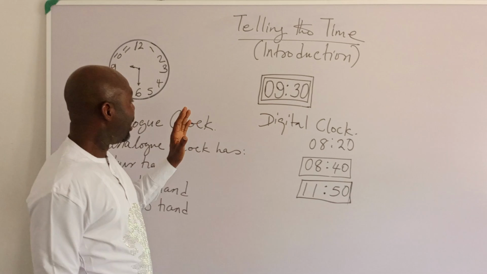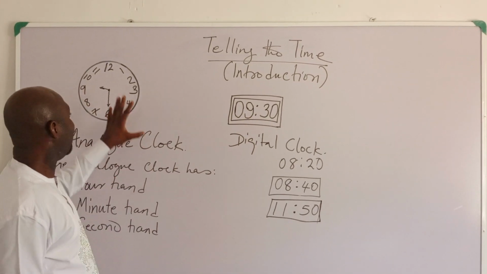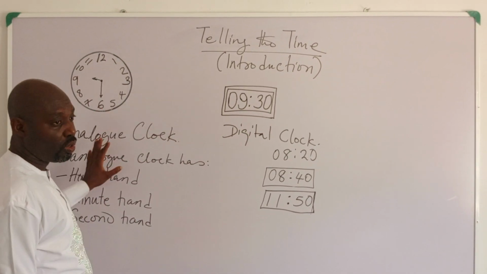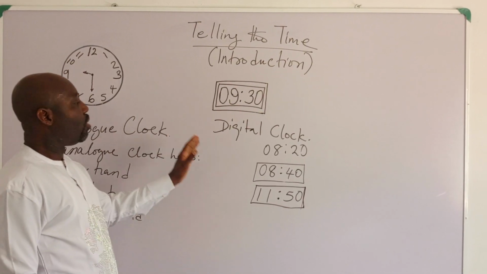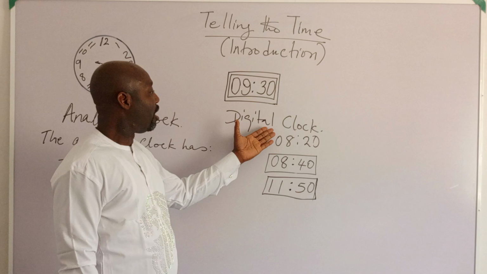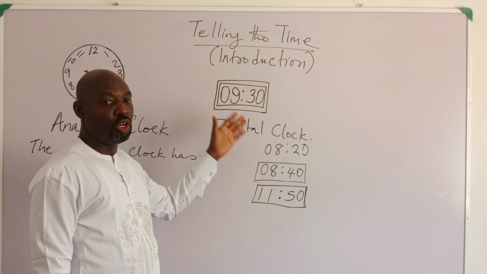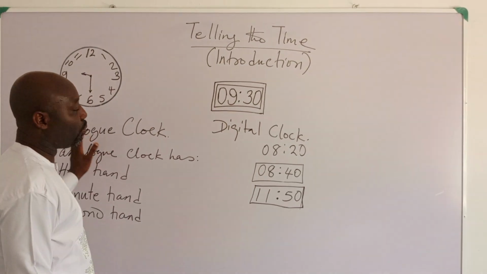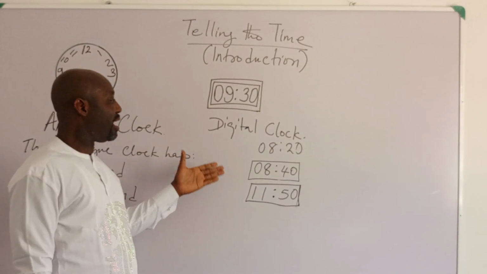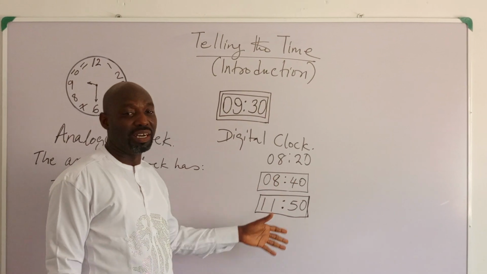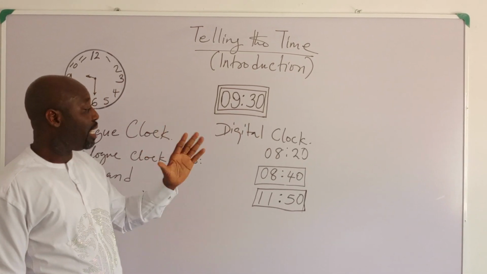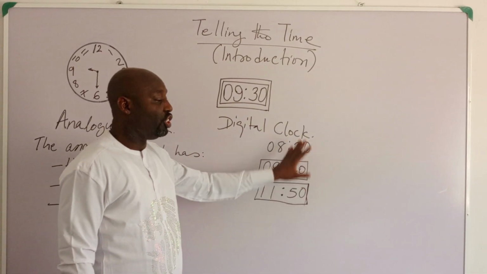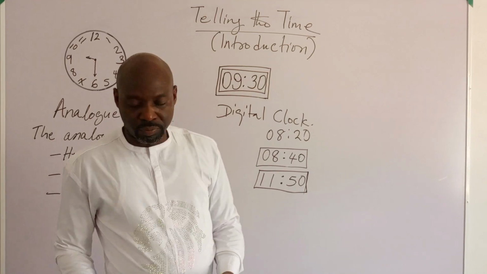And the principles of telling time are from the analog clock. So when we are done with the analog clock, we now introduce the digital clock to you. Then with this principle, we'll tell you how you can tally it with the digital format and always tell the time correctly with your digital clock.